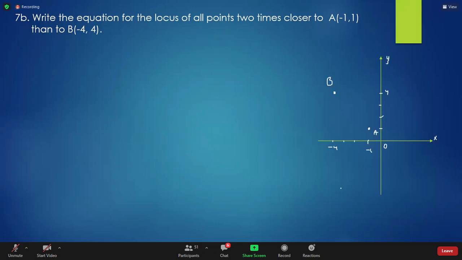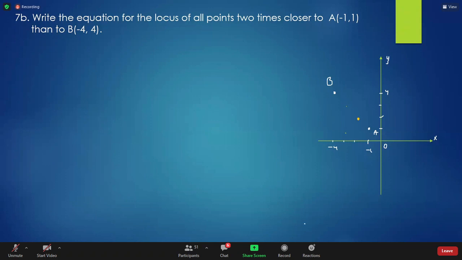Okay, one thing could be, evidently, one point would be this. I will again make them in a different color. One point would be this, 2 times closer to A than to B, evidently. Then 2 times closer to A than to B. Another point could be, for example, this. Is it a straight line?